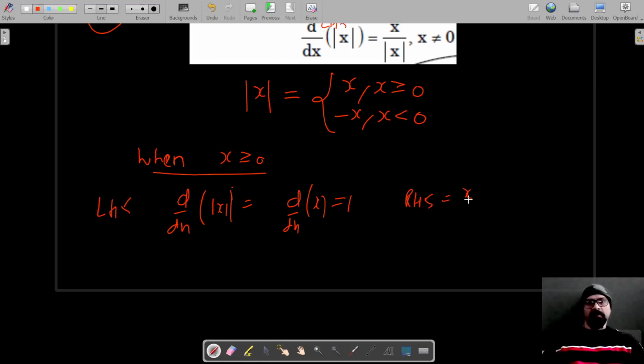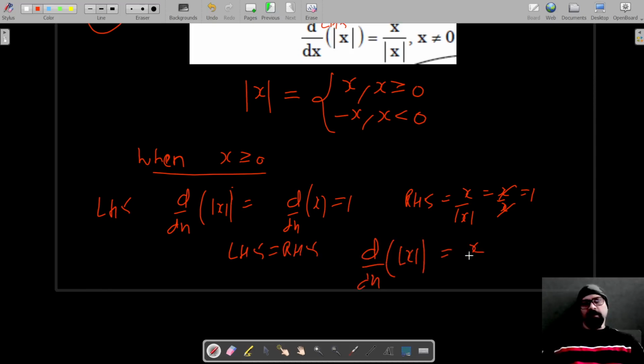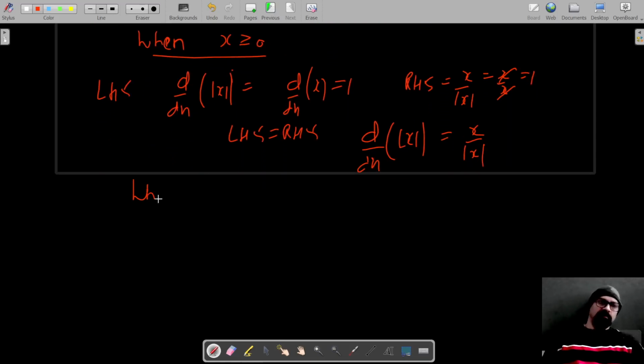So RHS is x upon modulus x, and modulus x is x, so this is x by x, equal to 1. So that means LHS is equal to RHS, that is, differentiation of modulus x is equal to x upon modulus x when x is greater than or equal to 0. And let's consider when x is less than 0.